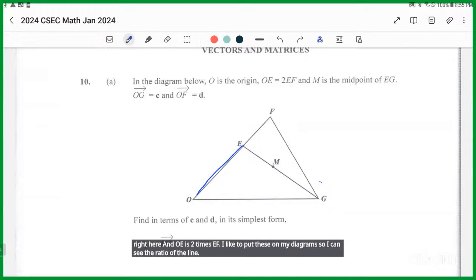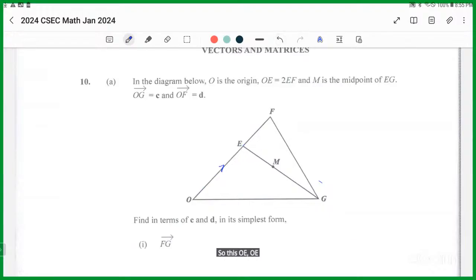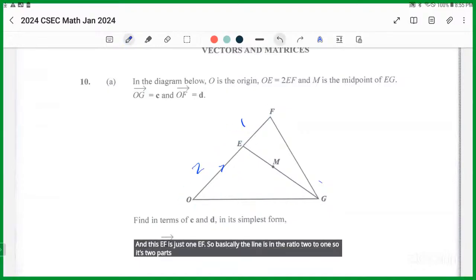So this OE has 2 EFs on it, and this EF is just 1 EF. So basically the line is in the ratio 2 to 1. So it's 2 parts, 1 part, so the total is 3 parts. So this becomes 2/3 of the whole line, and this is 1/3 of the whole line.